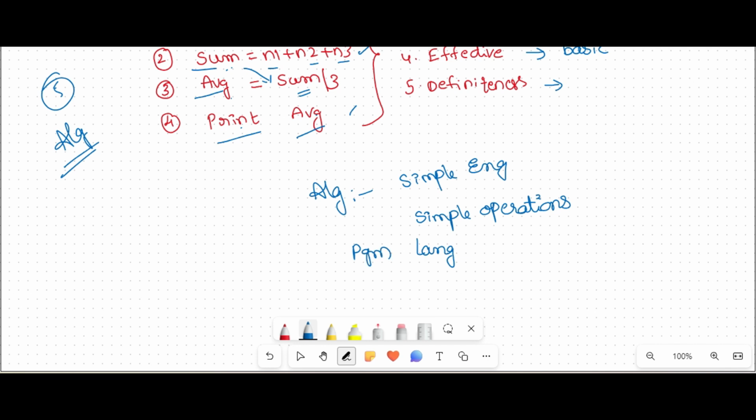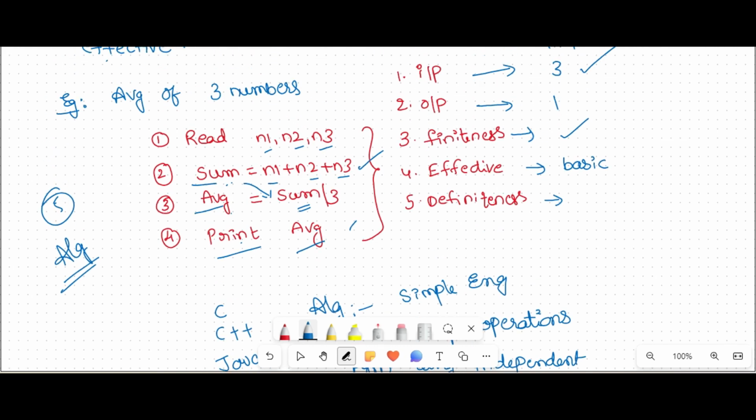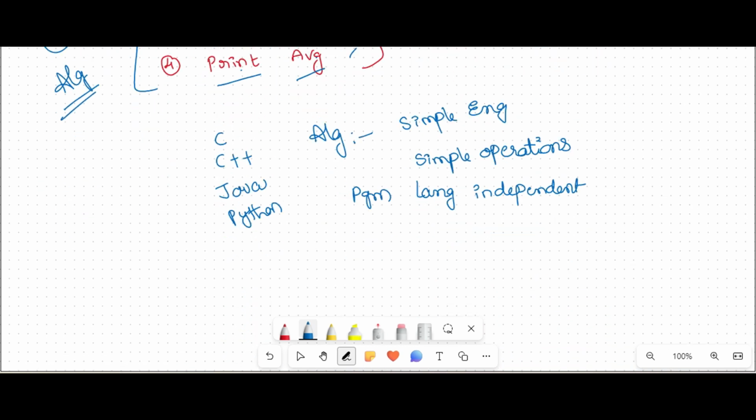Remember, it is not depending on any programming language, C or C++ or Java or Python. If I ask a question for the average of 3 numbers, the algorithm is not following any syntax of programming languages. This is simply a step-by-step process. That's why an algorithm is programming language independent.